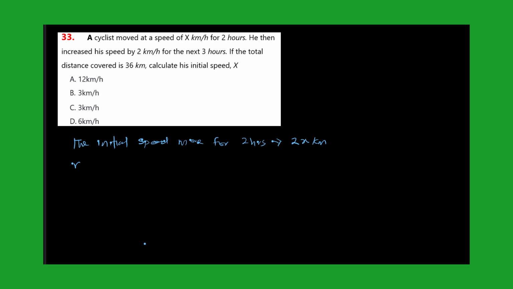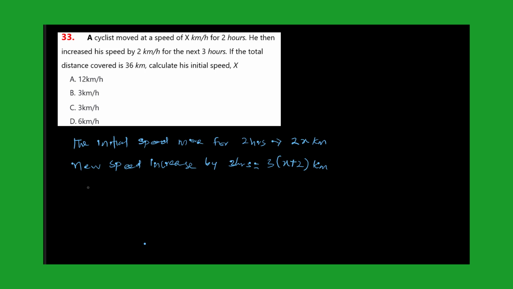So the new speed, increased, for 3 hours will be equals 3 bracket s plus 2 kilometers. The s is the initial speed, then the 2 is the increase given in the question, the new 2 km/h given for the next 3 hours.